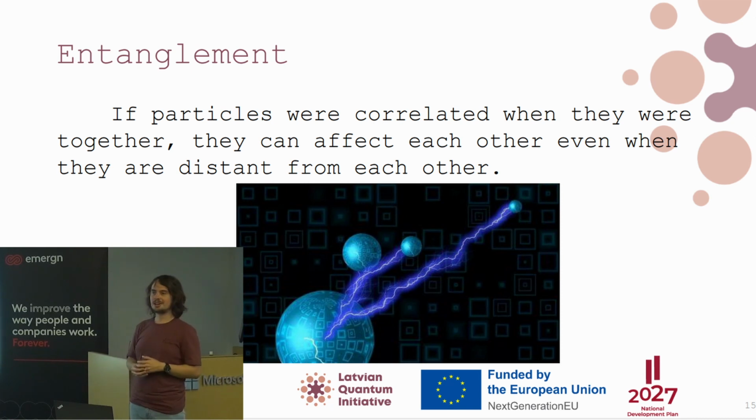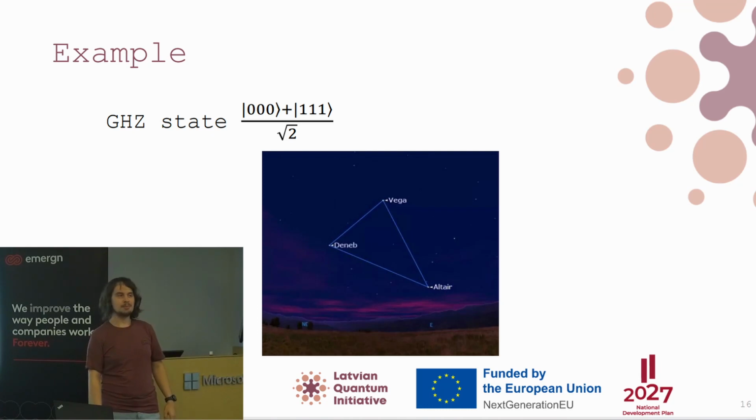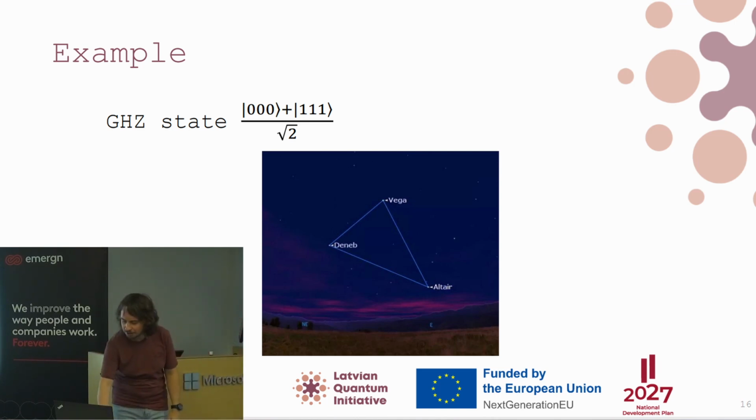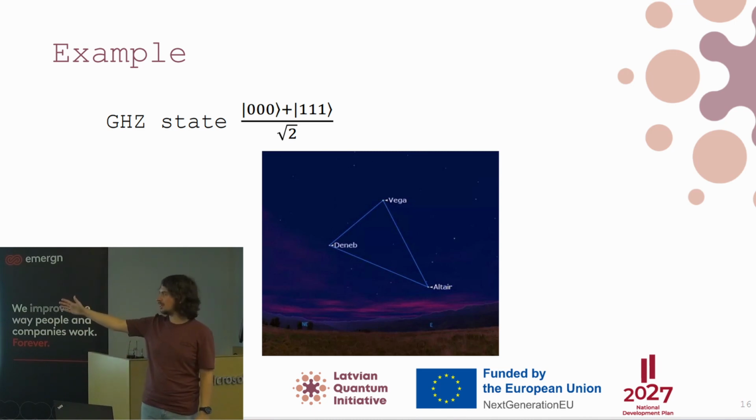So you can imagine how this could be used for communication, but also it is beneficial for some computational processes. So maybe this is the future of our communication when we have entangled quantum states. Here you can consider three particles, and we have three different stars, and suppose that there are some planets orbiting them, and there is one person on each of the planets, and they are somehow communicating by using these three quantum particles.